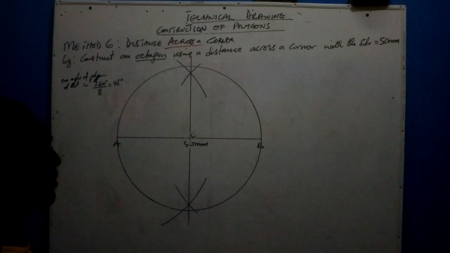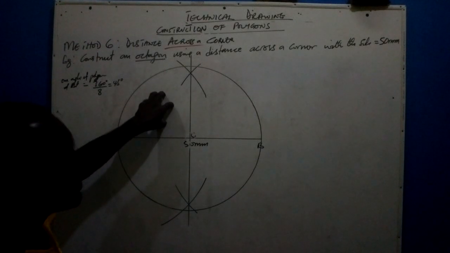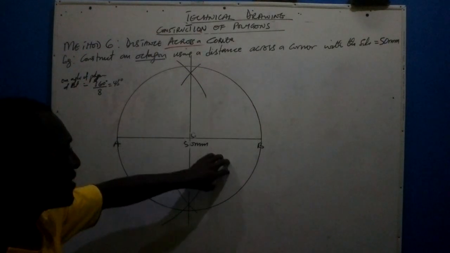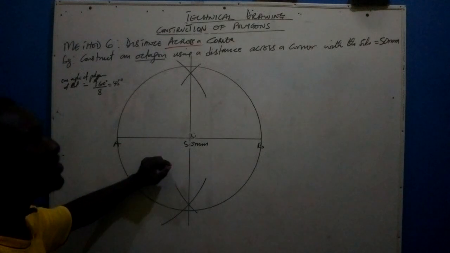Since it's 45 degrees, I can say that here is 90, here is 90, here is 90, 90. When you combine all of them, it's going to give you 360.